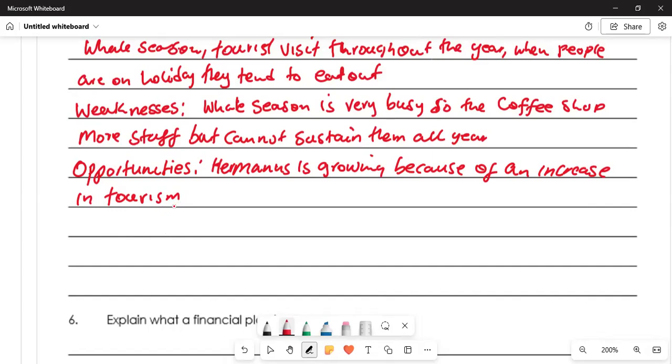Several people are moving there as technology improves and people don't need to be in an office to work.